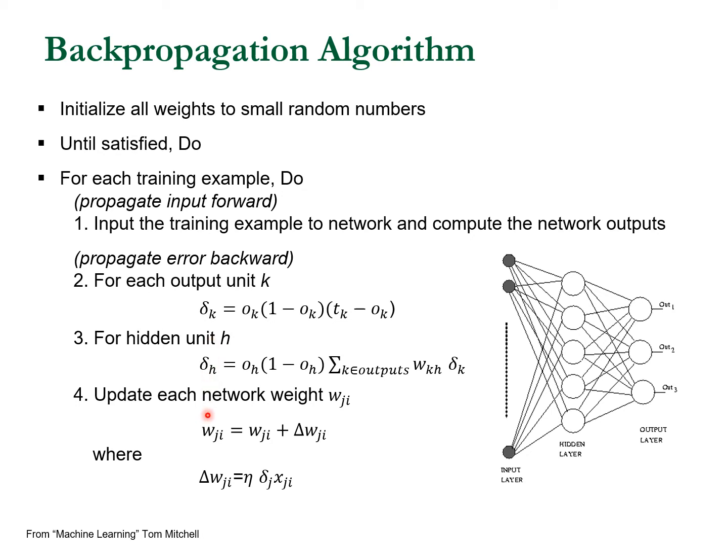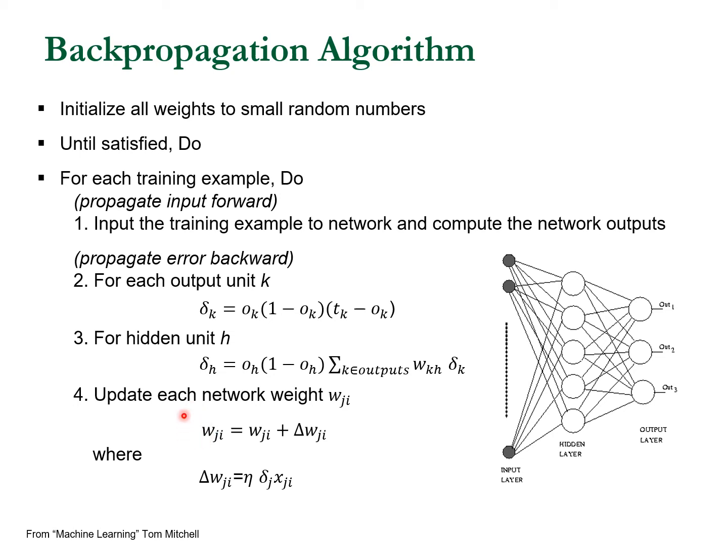Now we're going to update the network weights. The network has many weight values, and now we're going to update them. For every weight in the network, this is the formula from gradient descent. Again, backpropagation is using gradient descent.